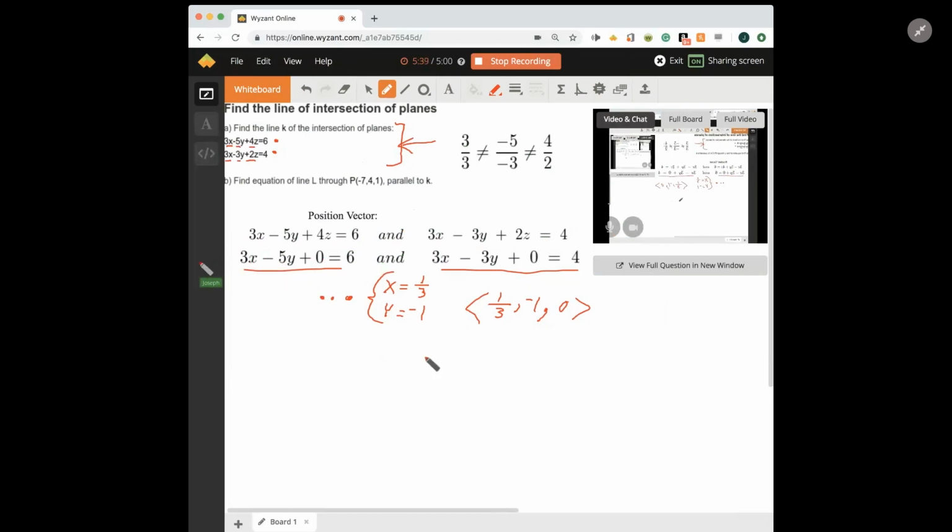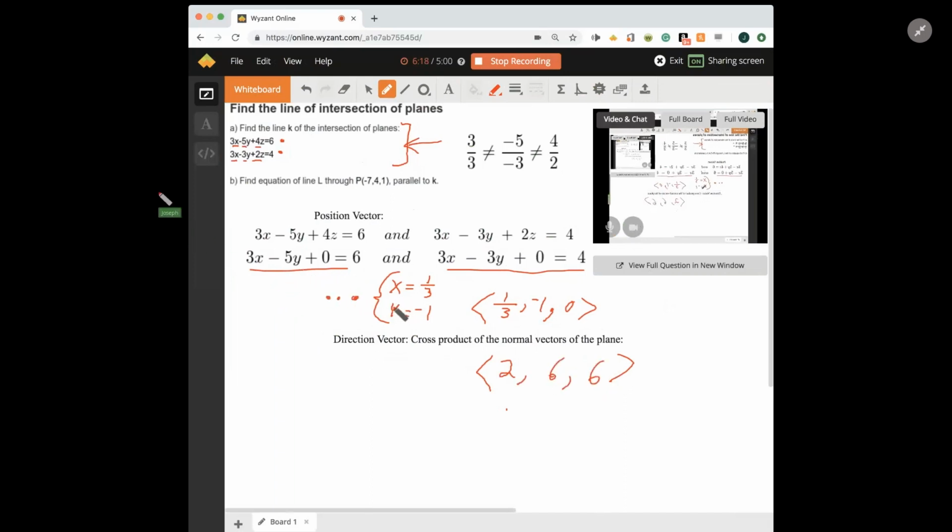So now we need the directional vector, since we have the position vector. The directional vector we define as the cross product of the normal vectors of the planes. I certainly don't have time to do that; it's pretty involved. But if you do that, you will get a vector. I'll go ahead and tell you what it'll be so you can check your answer. It'll end up being 2, 6, 6.